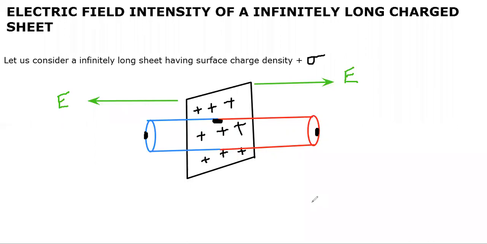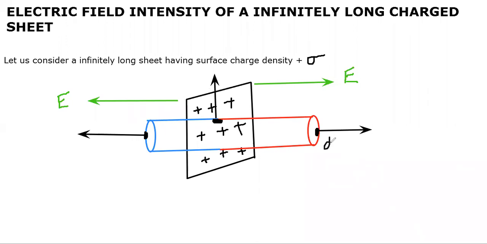Now I will give direction to these. Direction is always outwards, outward, and again outward. These are the three area vectors that I have made over here.